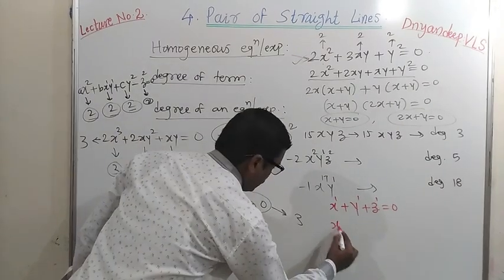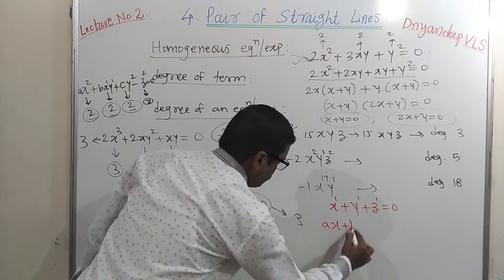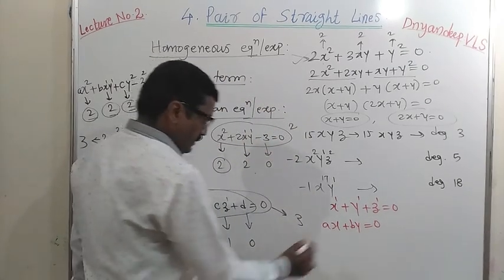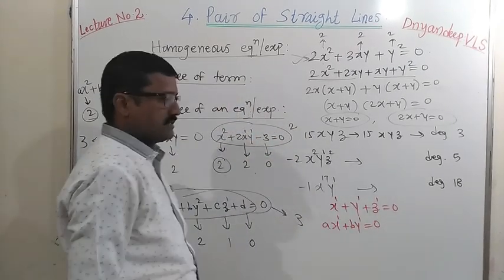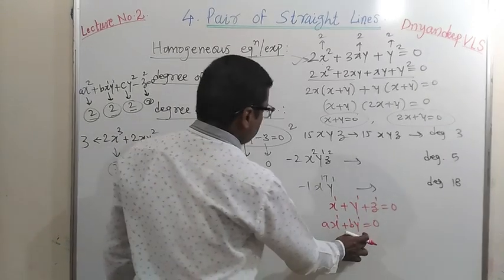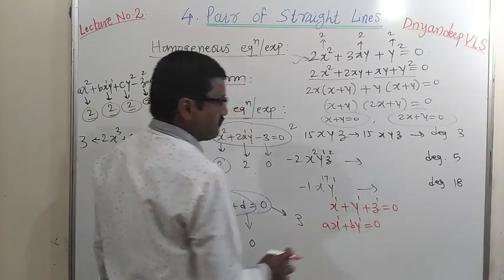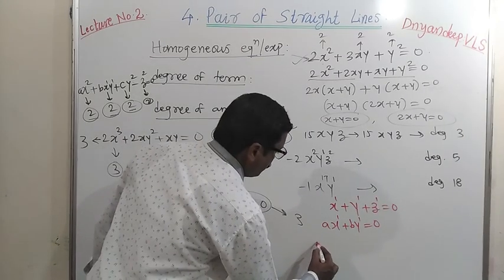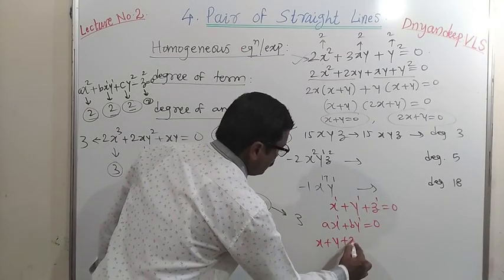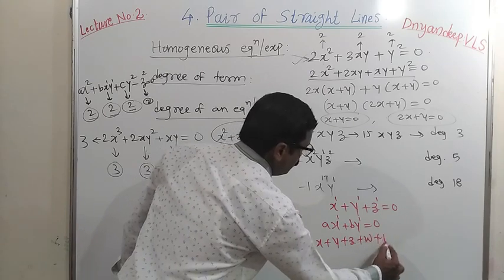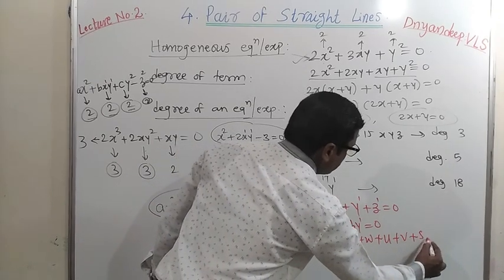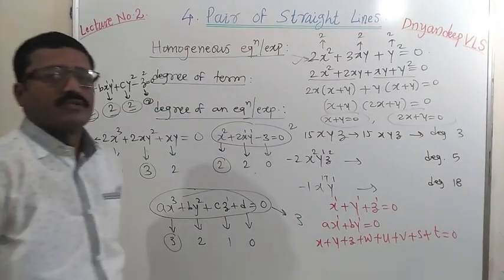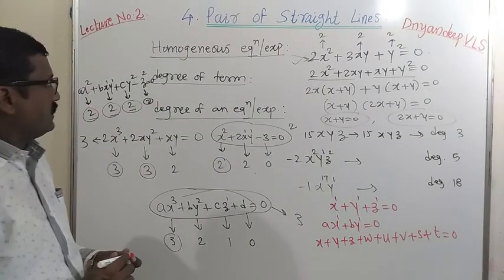If you take a linear equation as ax plus by equal to 0, a linear equation without a constant, then this is also a homogeneous equation or expression. In a similar way, we can write x plus y plus z plus w plus u plus v plus s plus t, etc. Then this is also a homogeneous equation.